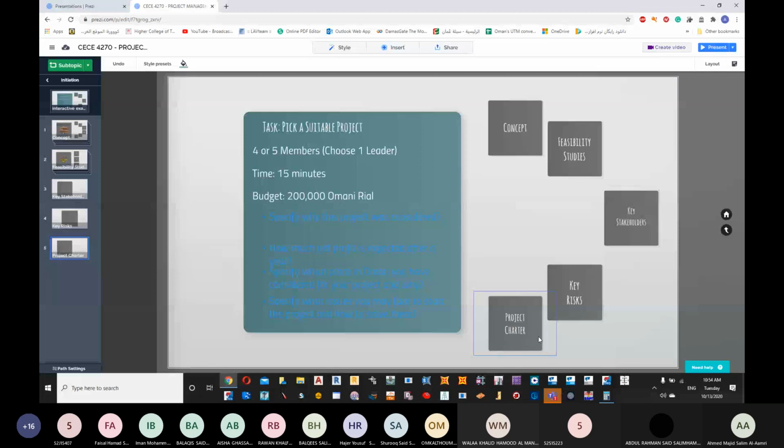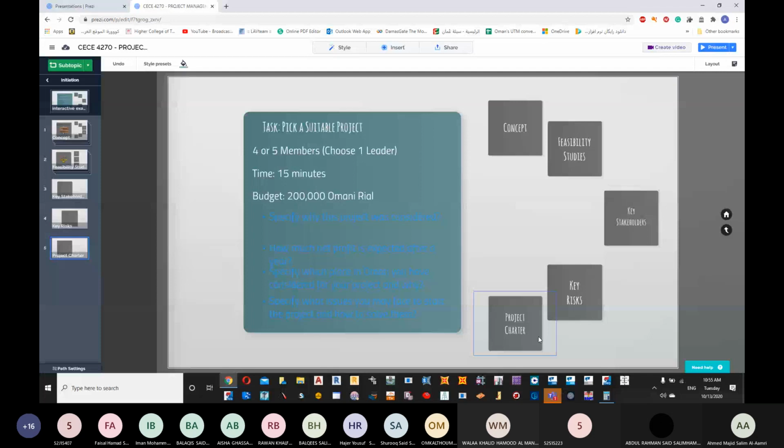Are we clear? For small projects, this project charter is not required. For big projects, when you start shifting the project from you to the project manager, you need to inform him of all the required information. So he will accept or reject.